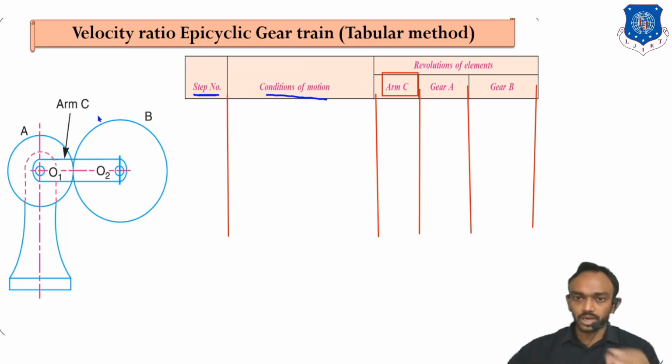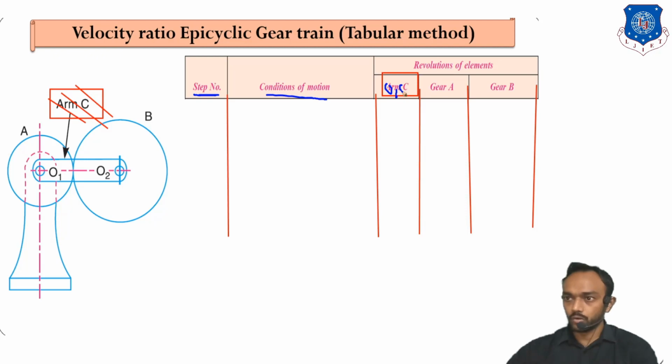Whatever the arm, here the name of the arm is given as C. If it is not given, you can use O1, O2, so you have to write O1, O2 if no name is given. And if nothing is given about the arm, you can write only arm here. So the first column will be fixed, and it will be the arm.